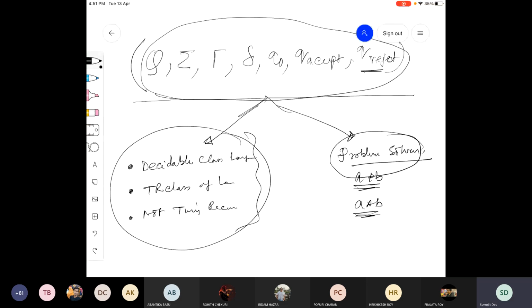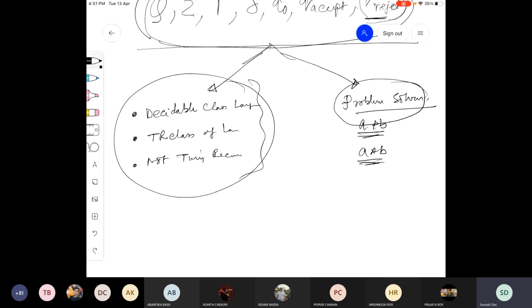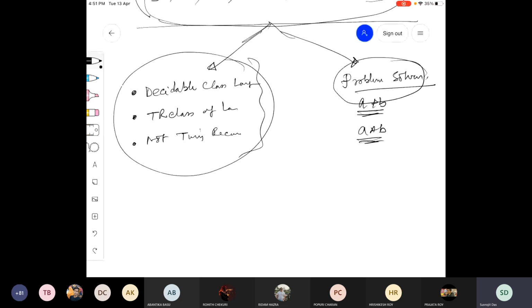Before going into the justification of having a reject state, I think it is more important to tell you what exactly I mean when I talk about decidable classes and Turing recognizable classes.